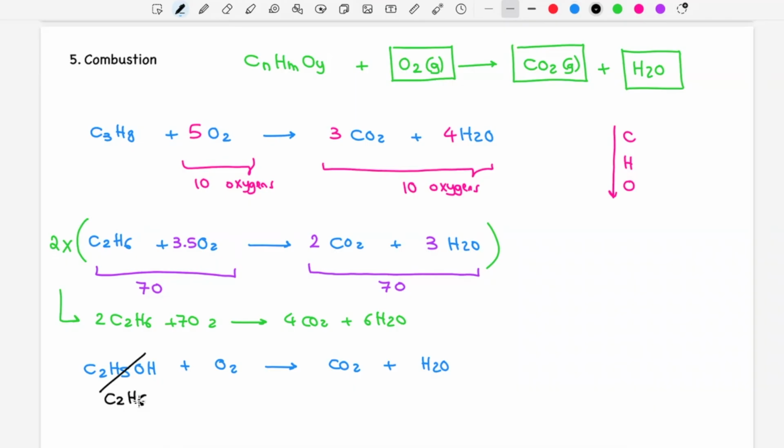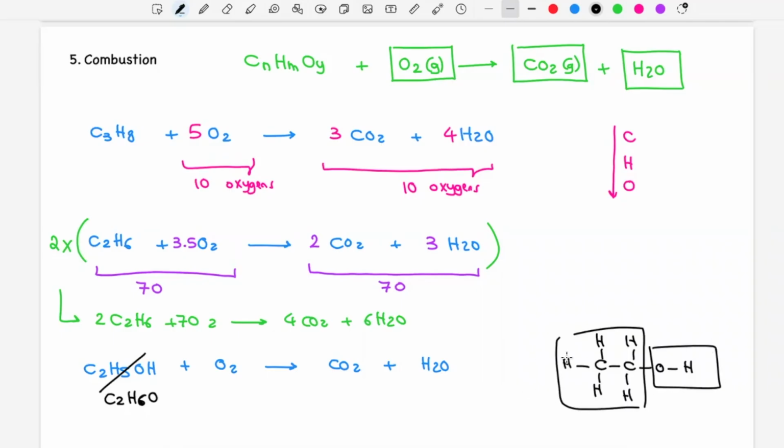It's the same thing. The way they write it is based on how the structure looks for an alcohol, with the C2H5 part first followed by the OH. So technically it's essentially C2H6O. So you can think about it as C2H6O plus O2 gives you CO2 and H2O.